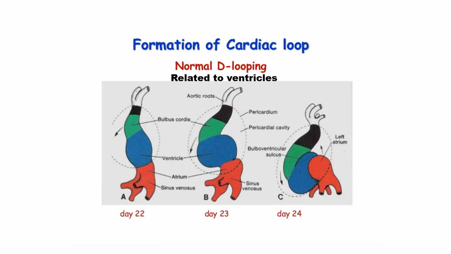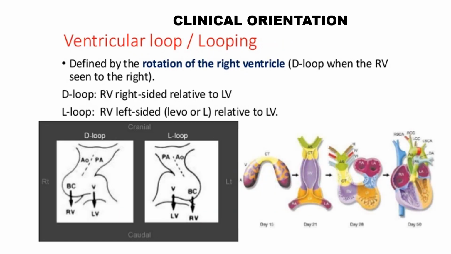Formation of the cardiac loop: normal D looping, which is related to the ventricles. In D loop, the right ventricle, which is derived from the bulbus cordis, lies to the right side of the left ventricle, which is derived from the primitive ventricular chamber.